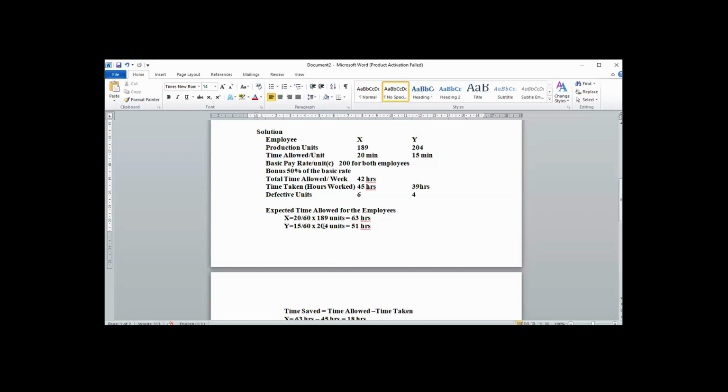Now let's just continue. Okay, look at it this way. He's supposed to work 42 hours in a week. Based on the quantity produced, he worked 45 hours. On a good day, based on that quantity, he's supposed to work 43 hours. Let's now assume that based on 20 minutes allocated to the person, the man has worked 42 hours.